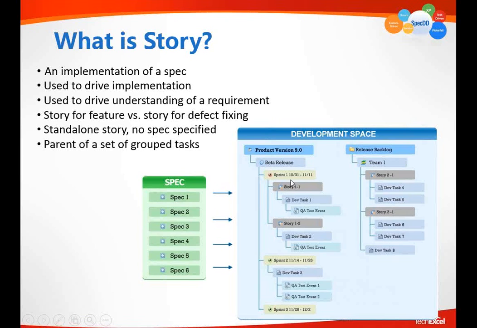Obviously, a story exists mainly to drive requirement spec 1 to become a working software function. And it can become a working software function because you create development tasks. After all, you need a developer, or you might create multiple development tasks to do the implementation to make story 1-1 become a working software function.